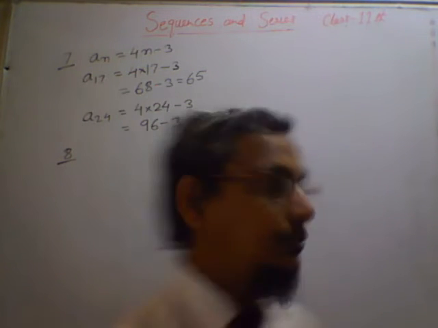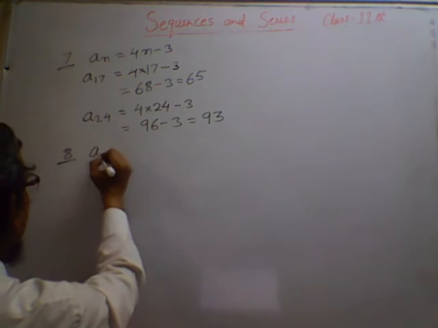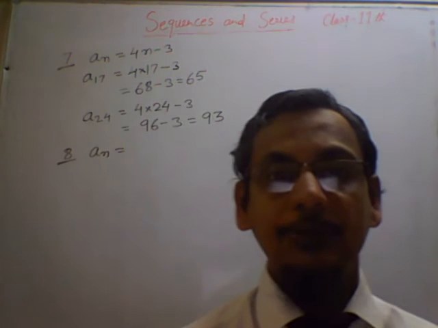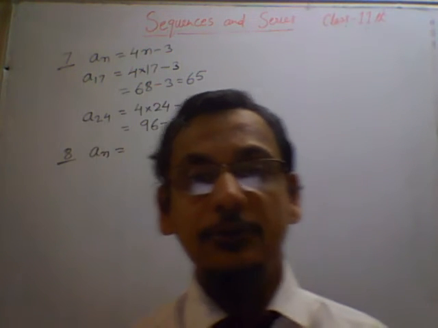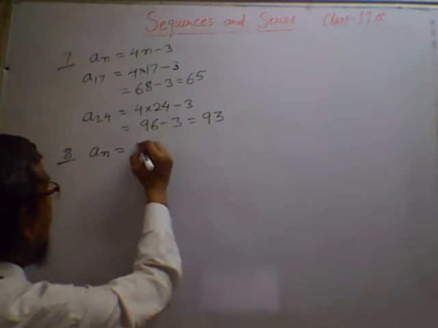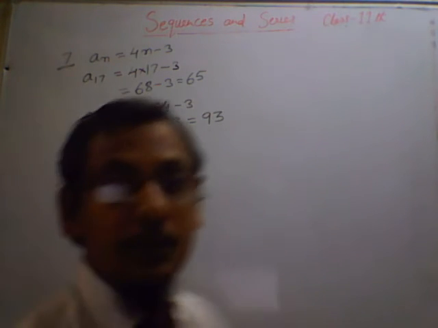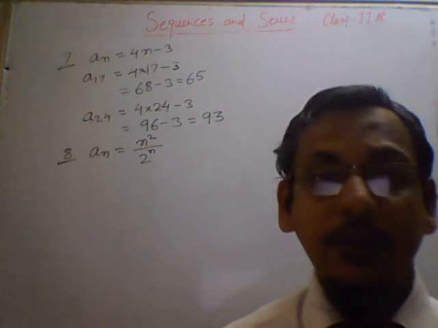Question number 8. An equals n square over 2 raised to the power n. And we have to find out A7.